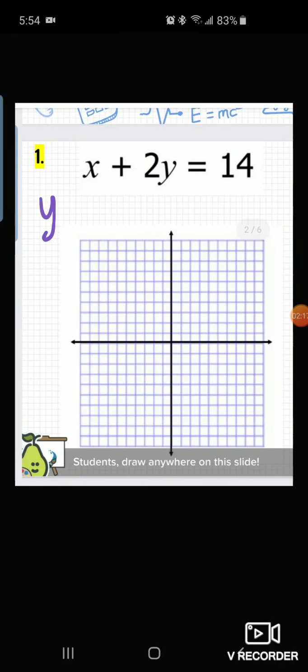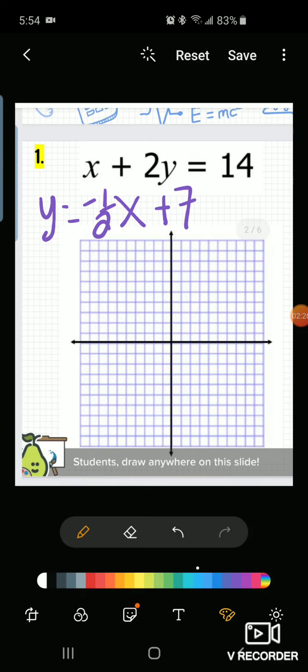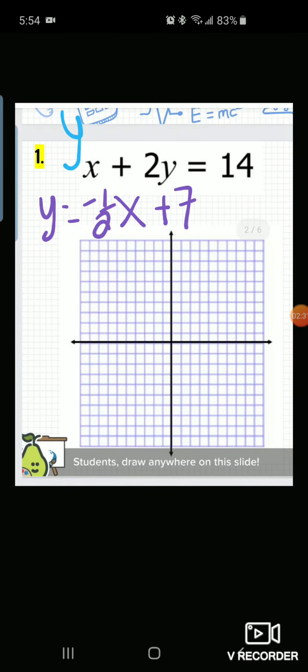Now what we're going to do, we had y equals negative 1/2 x plus 7. We need to identify what our y-intercept is. We know that our slope-intercept form is y equals mx plus b.